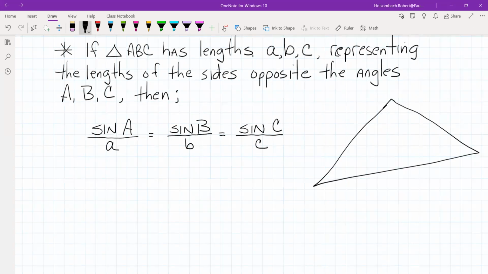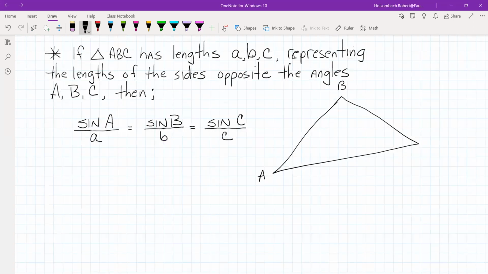If we take a triangle and label its vertices ABC, then like the rule said, the sides opposite are lowercase a, because side BC is opposite of angle A. Since side AC is opposite of angle B, this is a lowercase b. And side AB is opposite of angle C, so it's lowercase c.